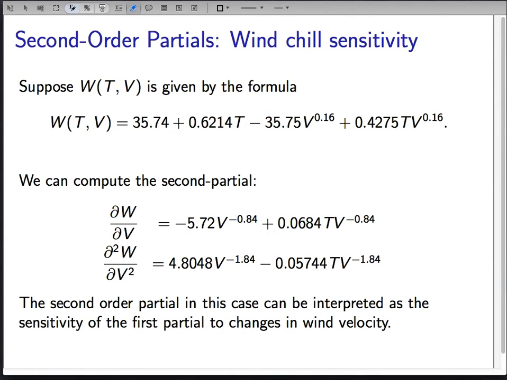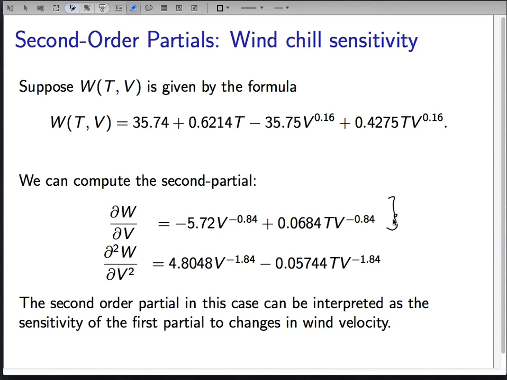But let's think a little bit about what they mean. We're not going to go into too much detail here, but I'll give you some sense of what the second order partial might tell you. So if we look back to our wind chill example, we can compute a second order partial. The first order derivative, the derivative of w with respect to v, or velocity, is given by that function.